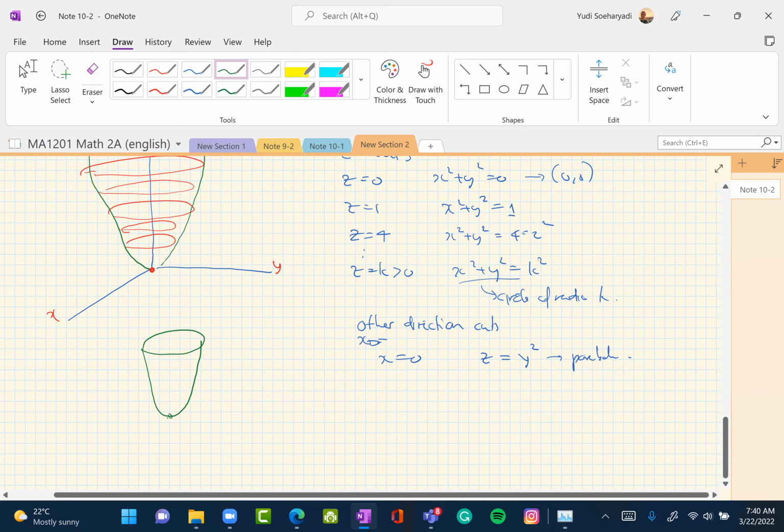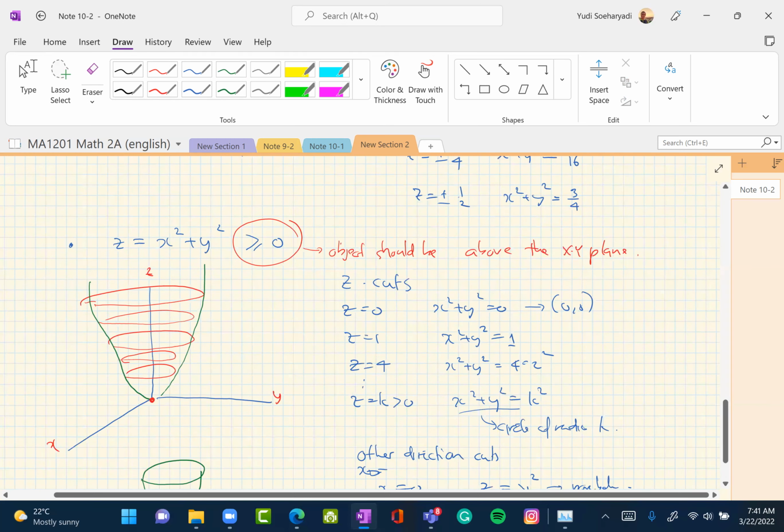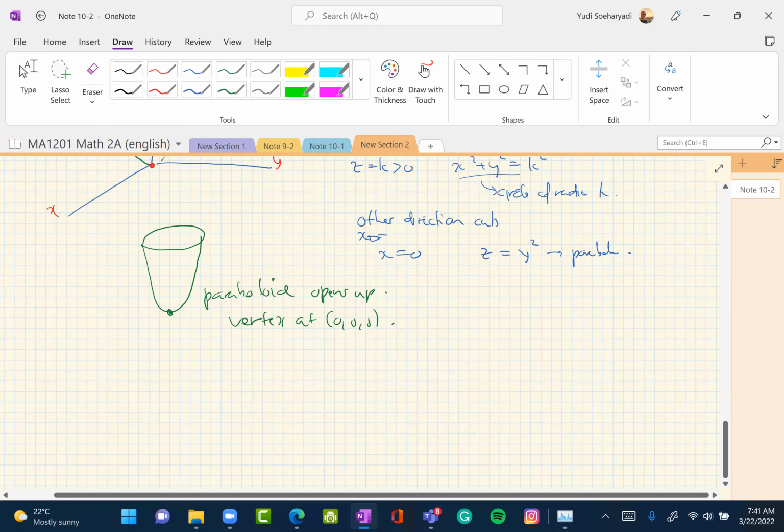Okay, with vertex, paraboloid. With vertex, opens up, vertex here 0.